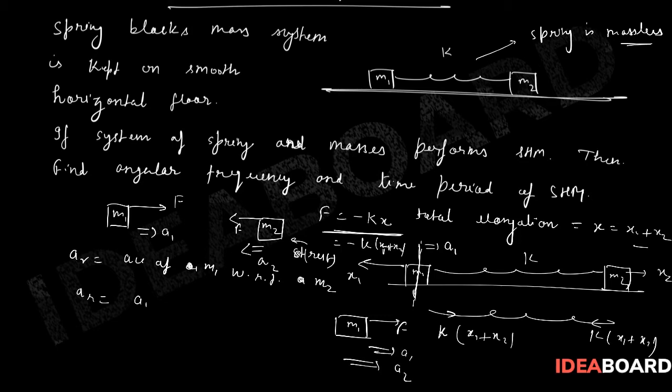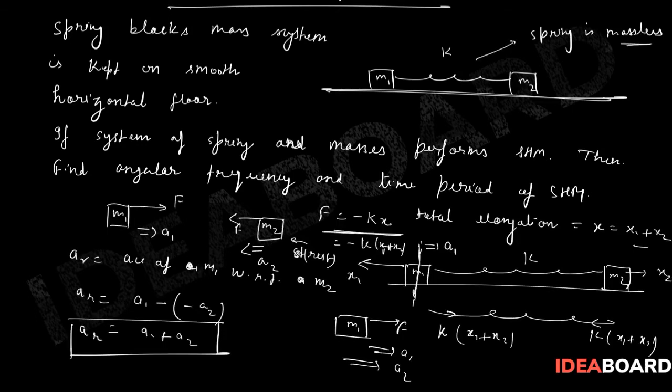There is another acceleration which I need to take into consideration, because a1's direction is towards the positive x-axis. So a1 minus (minus a2), that would be simply a1 plus a2. So that would be the relative acceleration here.